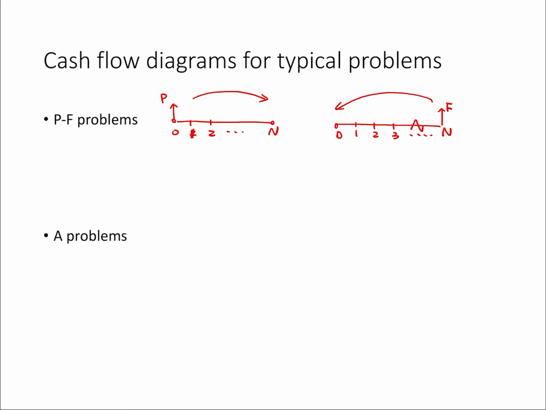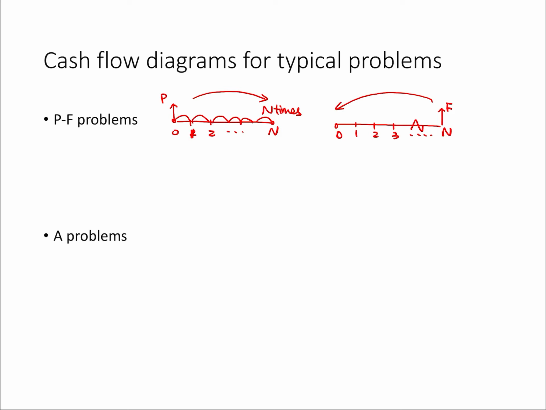You can convert any cash flow at any time back to present or to the future using the formula or the factor method. The only thing you need to worry about is how many jumps you make. So it depends on where you have that cash flow and where you want to convert it to. If you want to convert the cash flow from 0 to n, then you jumped how many times? Of course, n times.